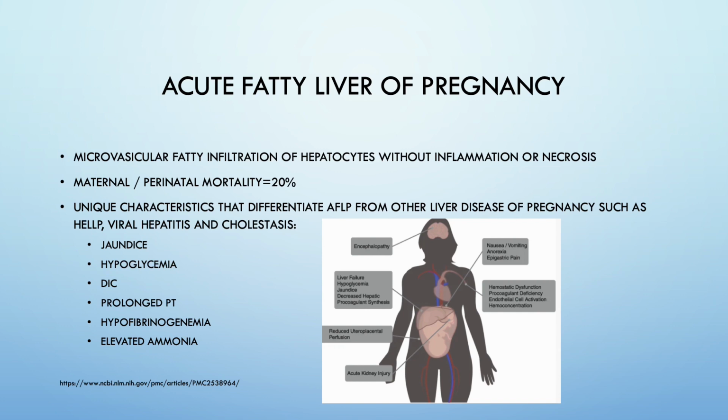Now, there are some unique characteristics of this disease that differentiate it from other common liver diseases that we see, such as cholestasis, various viral hepatitises, HELLP syndrome, and I've listed them below. Without reading down the list exactly, we can see from the figure that, with any liver disease, there can be encephalopathy.